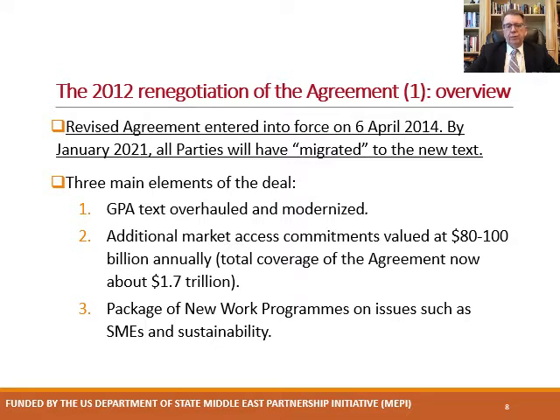And the third element of the renegotiation involved a commitment by the parties to take up several new work programs dealing with issues such as small and medium-sized enterprises, sustainability, statistics, and gaps in the coverage of the agreement. So these were kind of homework projects.